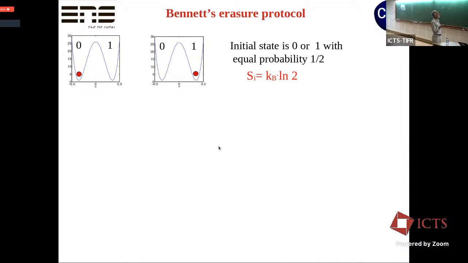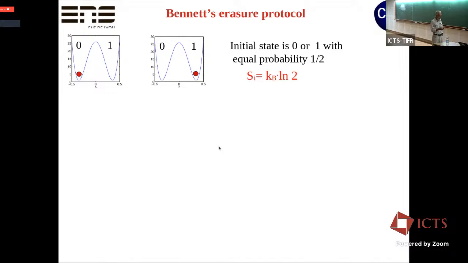Suppose that I produce a memory, that is just a two-well potential, okay? And then you say that the left state is 0 and the right position is 1, okay? And then, of course, as in any measurement, the initial state can be 0 or 1, okay?